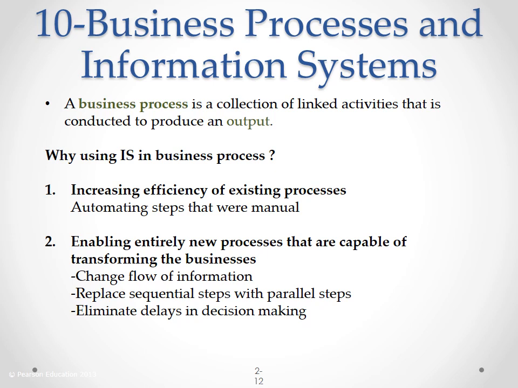First, to increase the efficiency of existing processes, automating steps that were done manually. Second, to enable entirely new processes that are capable of transforming the business: change the flow of information, replace sequential steps with parallel steps, and eliminate delays in decision making.